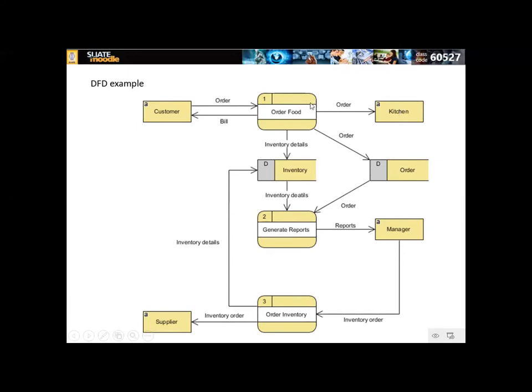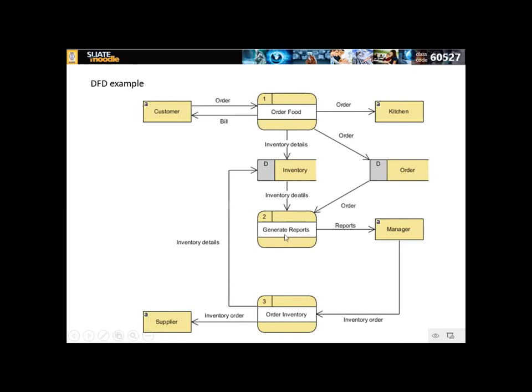Also, children, this order has to be stored somewhere. This icon, a box divided into two, shows a data store. The order is stored here. Then it goes to the inventory details: the order details and the bill details go to the inventory. From this inventory we can get the inventory details provided from the order food section.